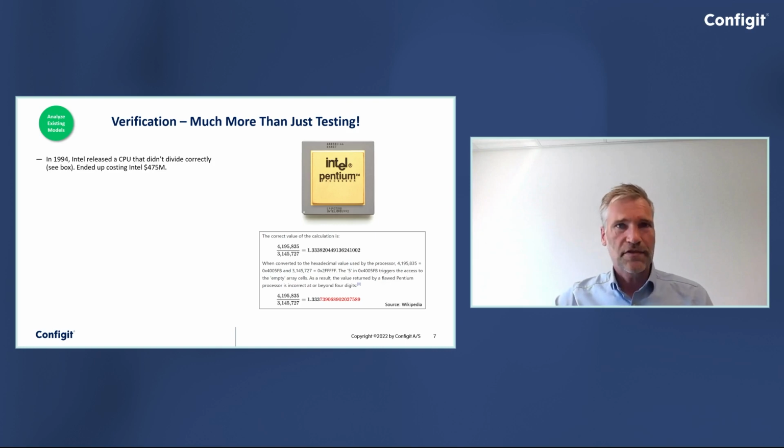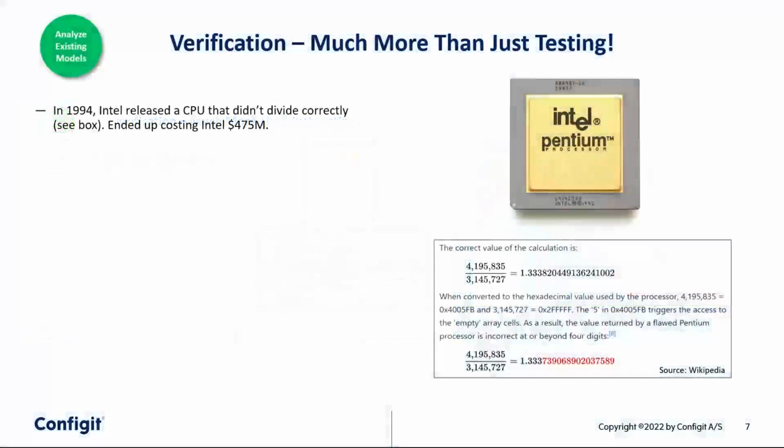They had tested that the processor worked for some combinations, and it did, but they had not tested all possible combinations. And why didn't they do that? Well, obviously because there are a lot of different combinations. In fact, there are 1.8 times 10 to the 19th different combinations that they would have to test.